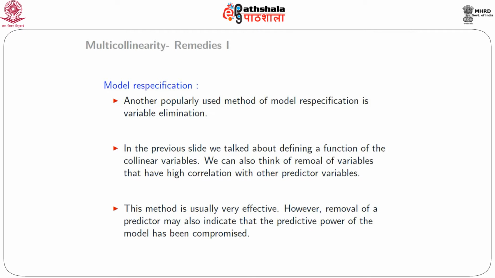In the previous slide we talked about defining a function of the collinear variables. So we can also think of removal of variables that have high correlation with the other predictors. This method is usually very effective. However, removal of a predictor may also indicate that the predictive power of the model has been compromised. When we collect data on several predictor variables, we gather information.